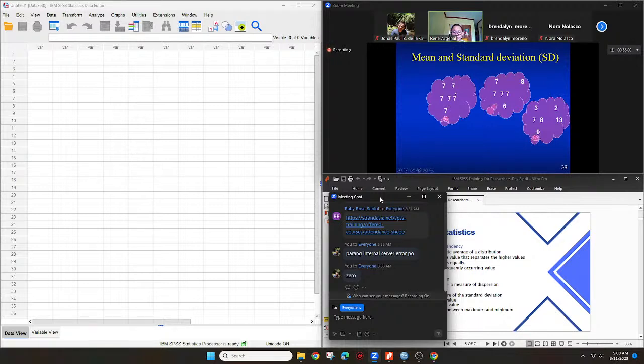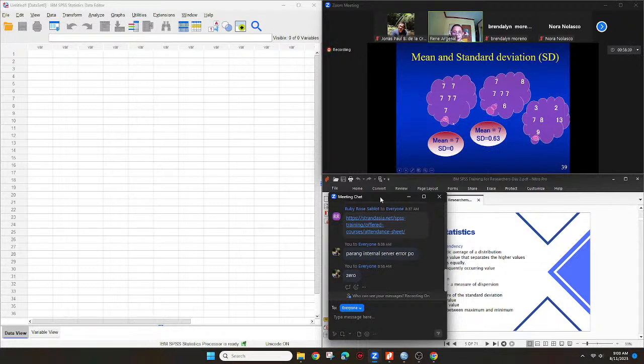We talk about the mean and the standard deviation. If you check, the mean of the first data set is 7 and the standard deviation is 0 because all measurements are equal. Therefore, the dispersion or the spread is 0. For the second set, the mean is 7 and the standard deviation is 0.63.